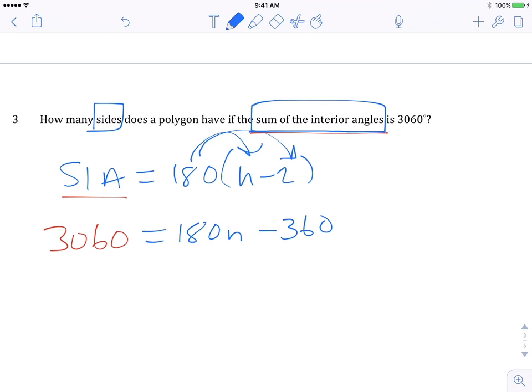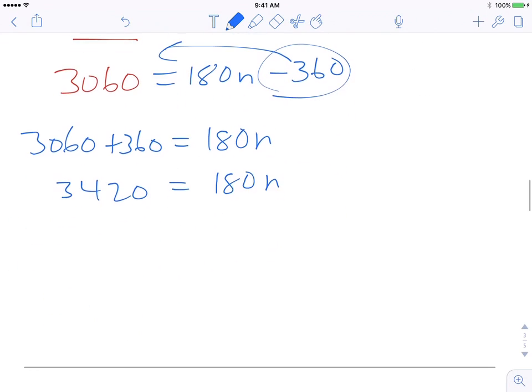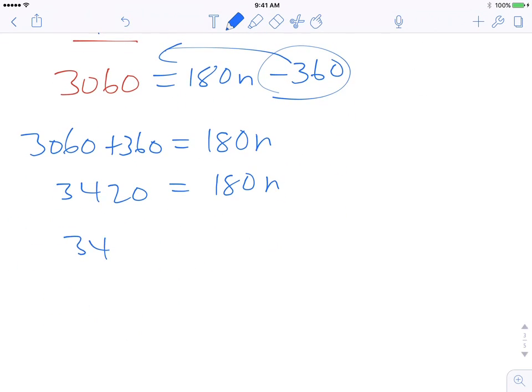And now what we want to do is add 360 to both sides. So we get 3,060 plus 360 equal 180n, and 3,060 plus 360 should give us 3,420 equal 180n, and we have 3,420 divided by 180 equal n, which I believe is 15.